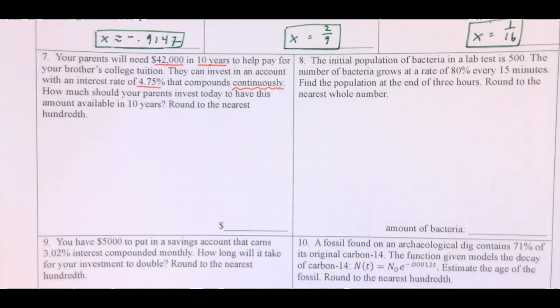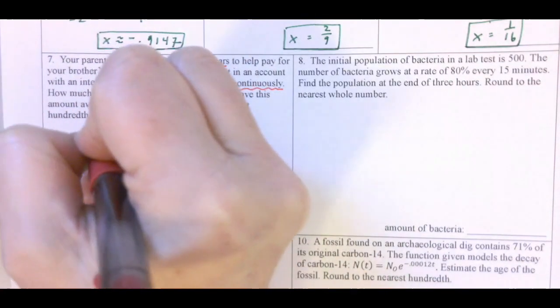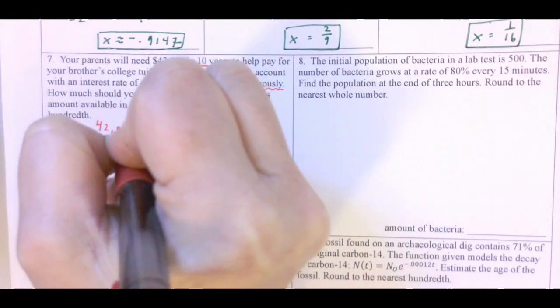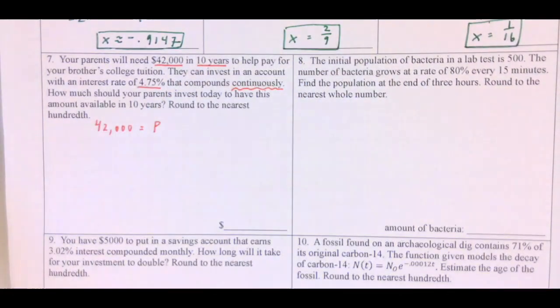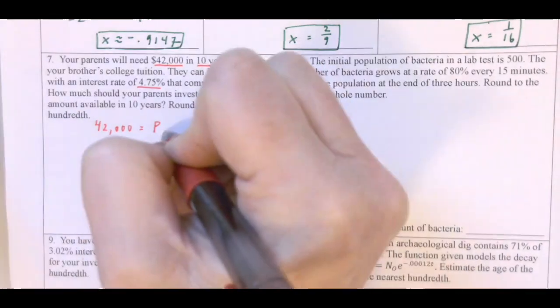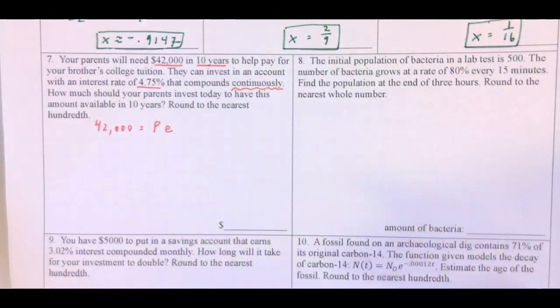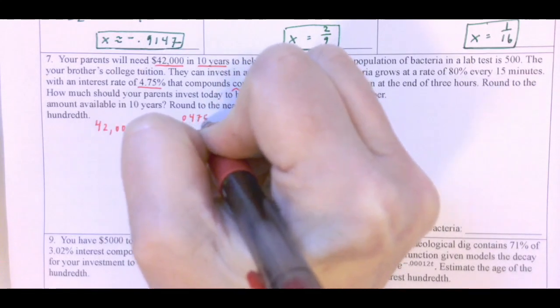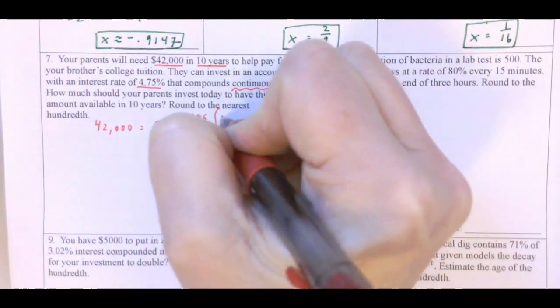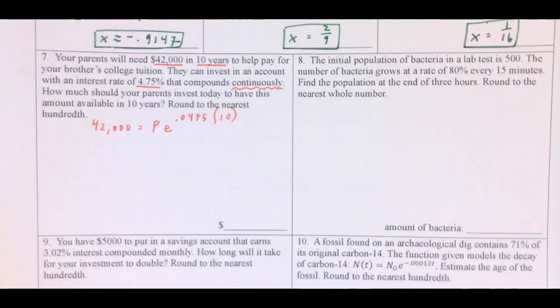So we know that the final amount that we want is $42,000. What we don't know is the principal amount that we need to invest, times e raised to the rate 0.0475 times t, 10 years power, just like that.